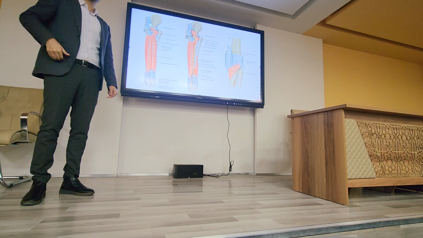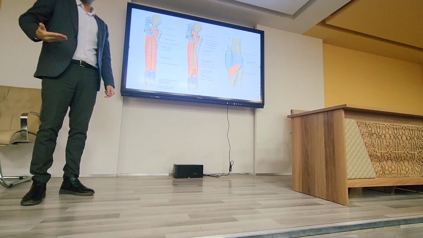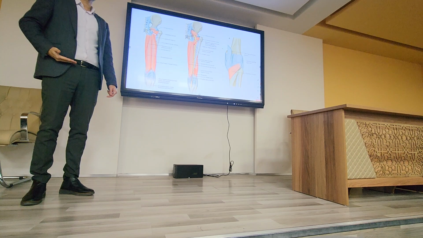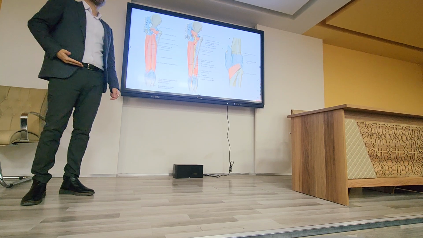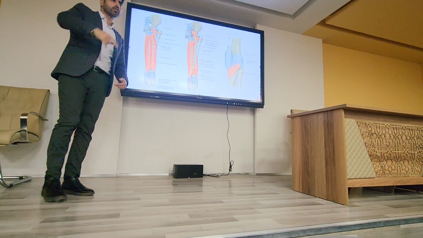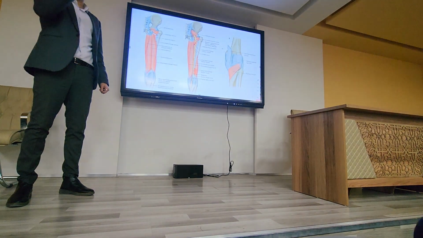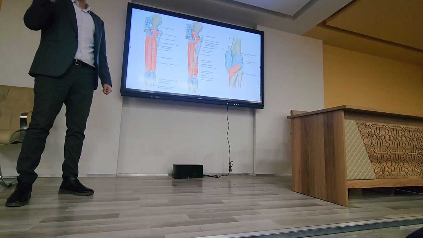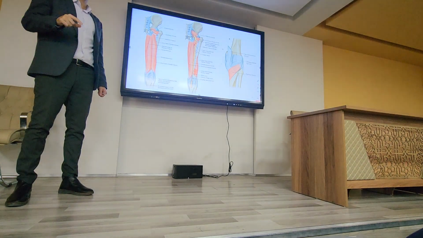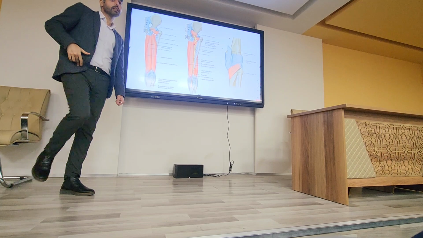Which muscle can flex the hip? You tell me. Flex the hip, which muscles? Anterior compartment, some muscles, for example, sartorius, psoas major. Sartorius a little, rectus femoris a little, but the main flexor, iliopsoas.